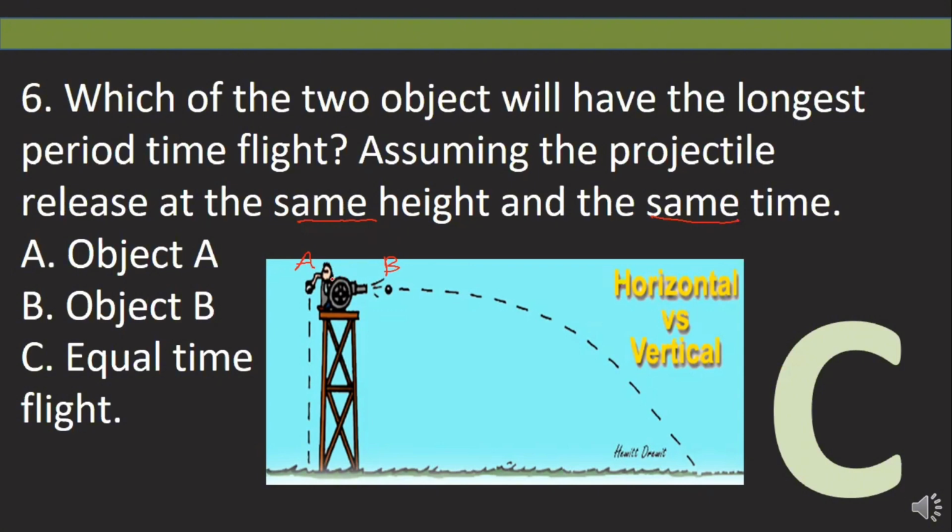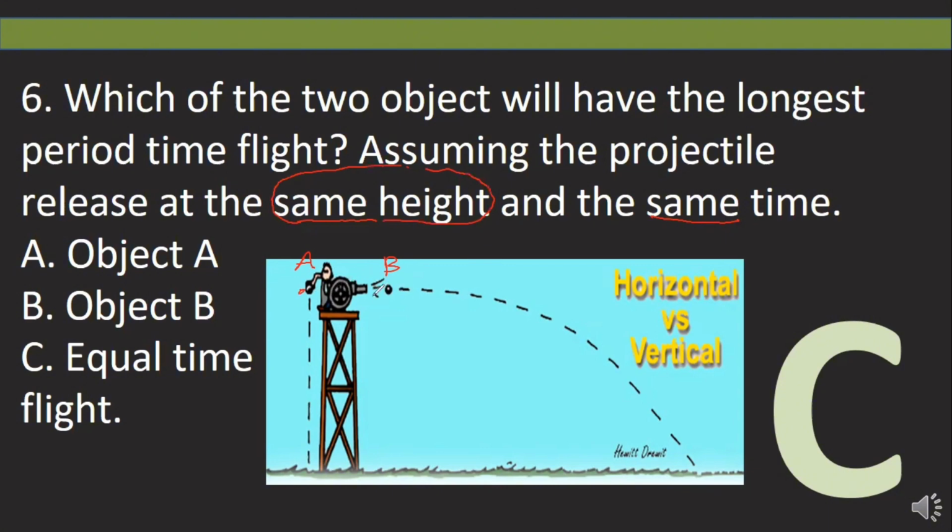It only means that even though object A undergoes free fall and object B undergoes motion which has an initial horizontal velocity, the concept here is that they were released at the same height. Even though there's a horizontal effect, they will fall at the same time. Why?